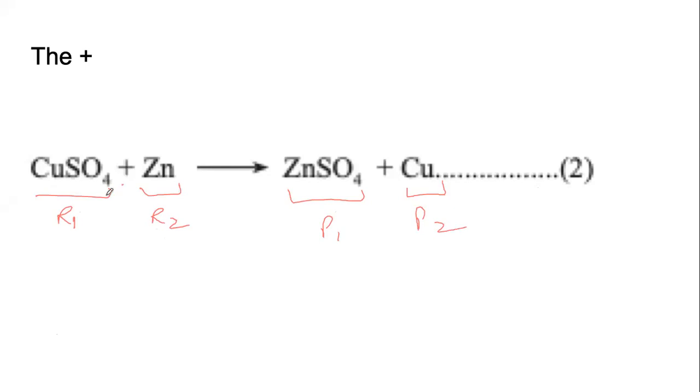It does not mean that they are added. In mathematics, 2 plus 3 equals 5. This is not maths. This plus here just indicates 'and'. Both are reacting. On the right hand side, both are produced.